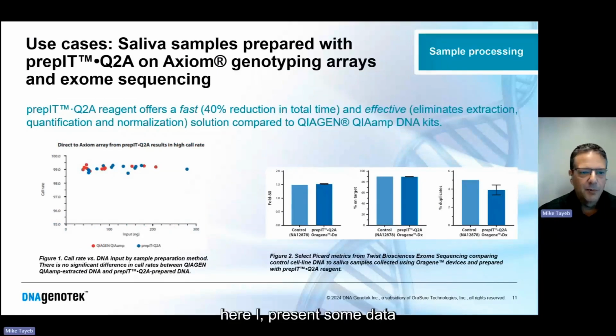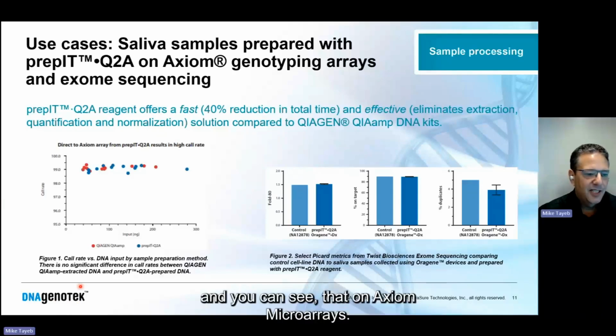Here I present some data from a couple of different assays. On this slide, we collected saliva using OraCollect, here on the left-hand side, and extracted it with PrepIt Q2A.